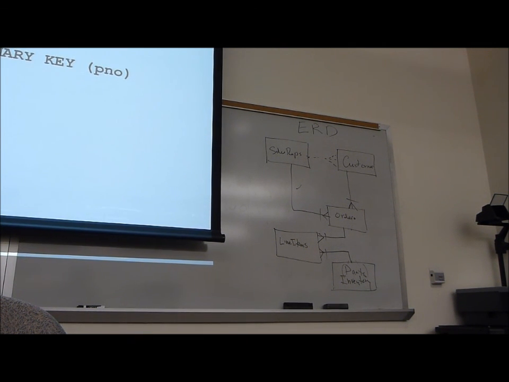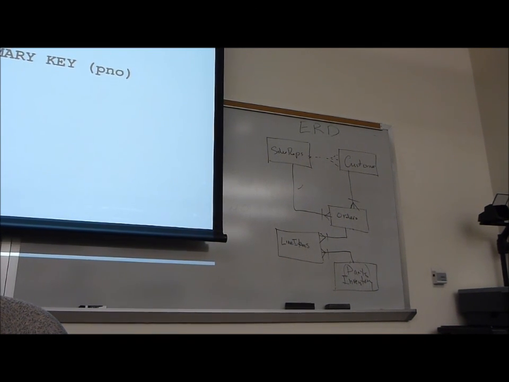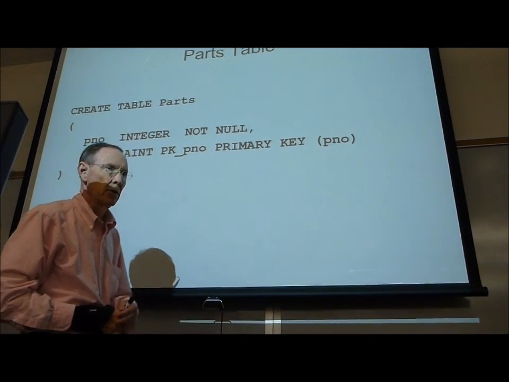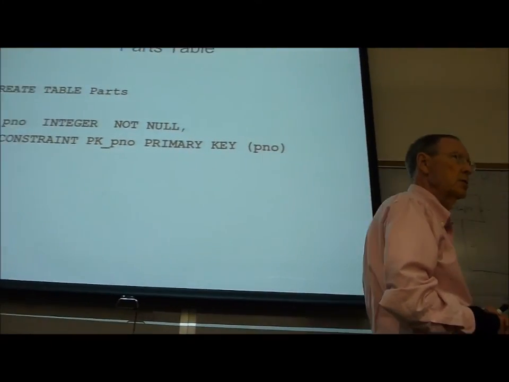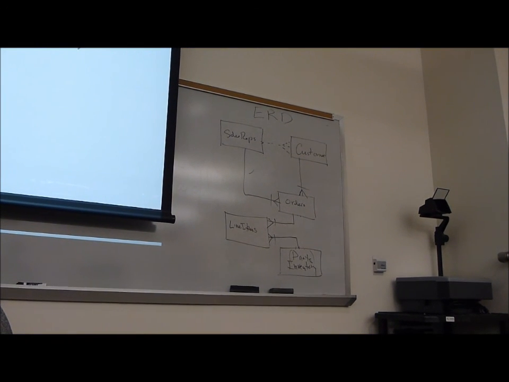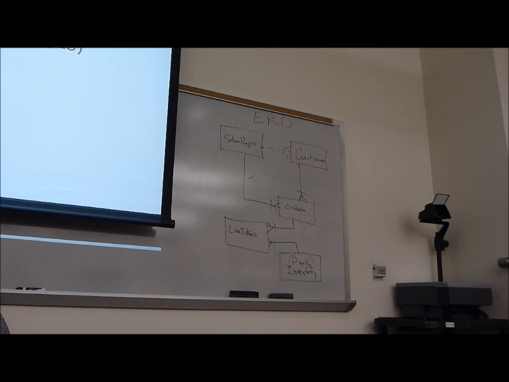So in this case, I just got PNO, high level design, and that's the primary key identifier. I got not null in there, and that's because probably when I did this, we were back in SQL Server 2000, and then I think it was for 2005.